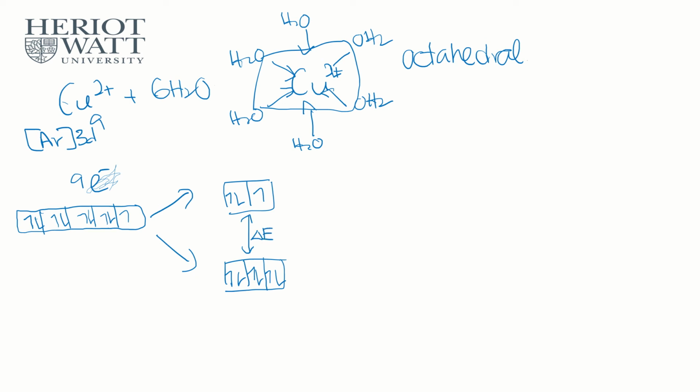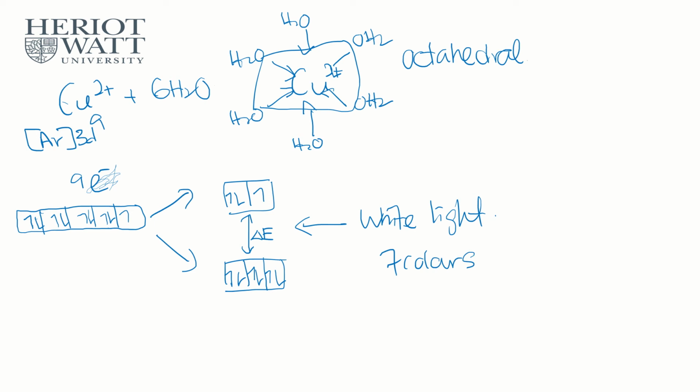Now what happens when the ligand approaches the copper and splits the d orbitals? When this complex ion is exposed to white light, white light has 7 colors.